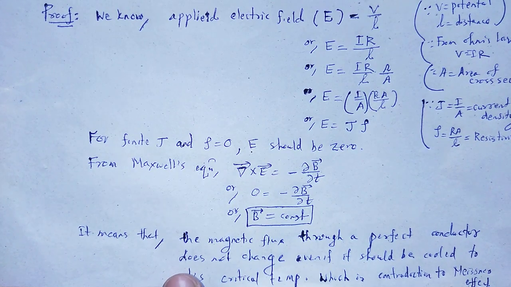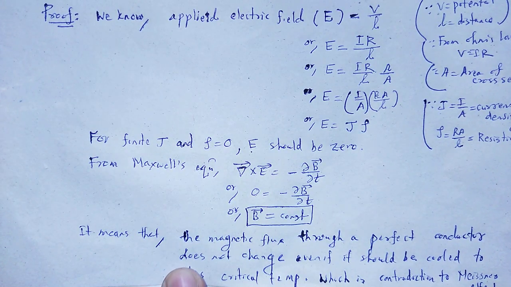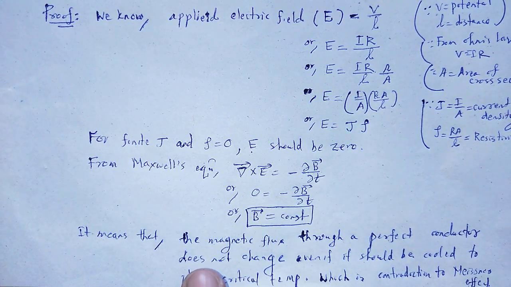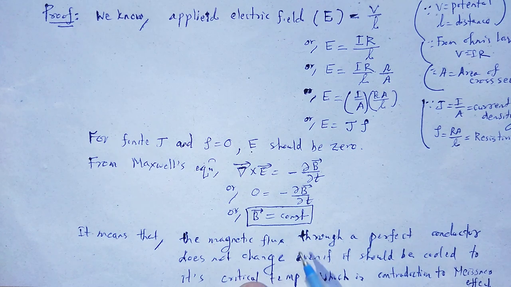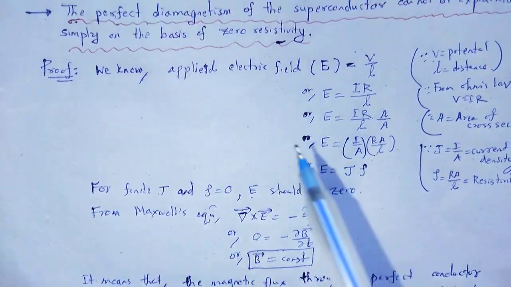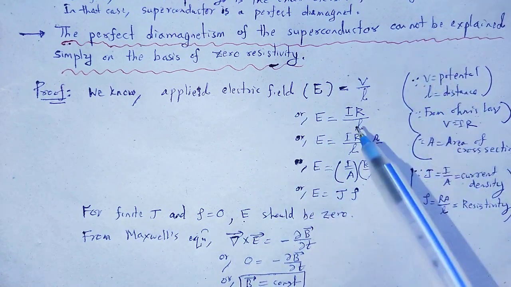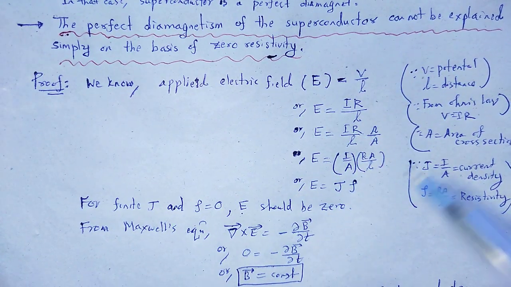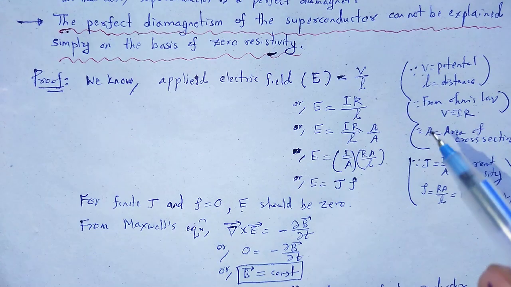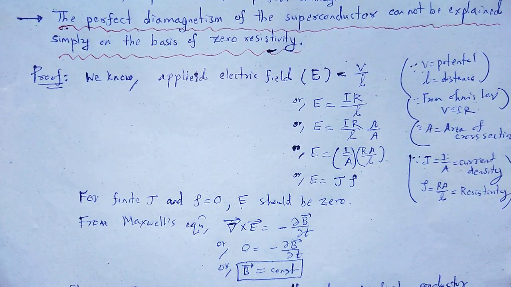From the Meissner effect, we say a superconductor is a perfect diamagnet, but by simply taking zero resistivity we can't show it is a perfect diamagnet. In other words, a superconductor is a different thing from a perfect conductor.